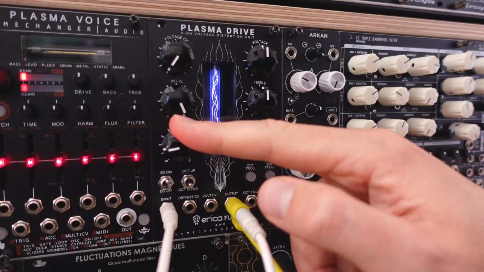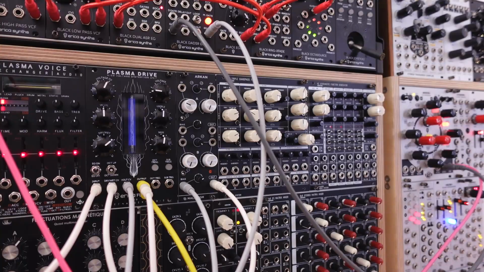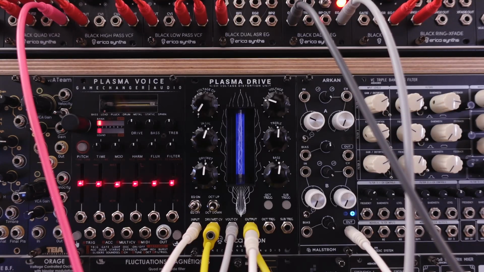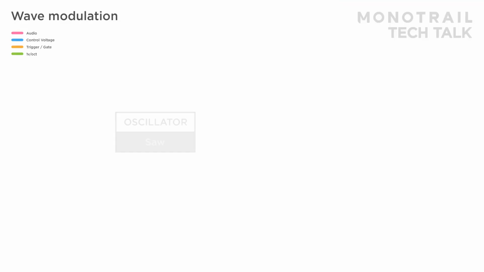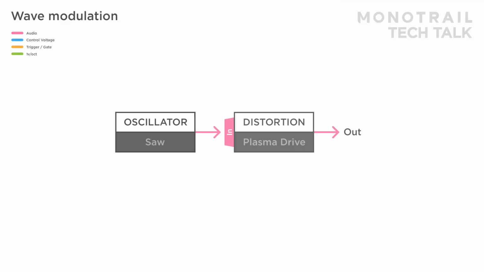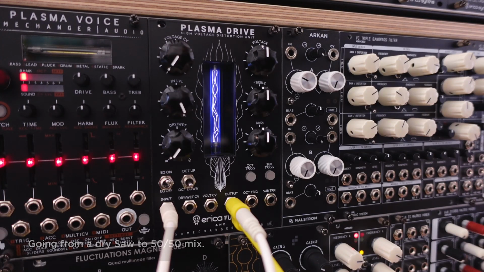A modular distortion doesn't have to be used as an end-of-chain effect. Modules can be patched at any point in an audio path, which opens it up for different and more subtle uses like adding texture and distortion directly to waveforms. Here, a single oscillator is sent through the distortion so it functions like a wave shaper. The Plasma Drive offers a lot of options to sculpt that wave.